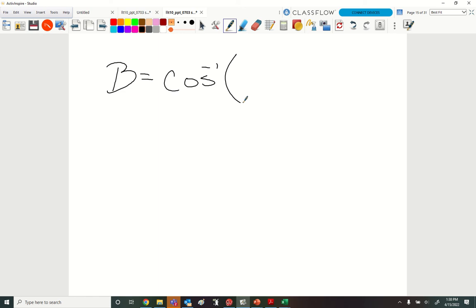It's going to be b squared minus a squared minus c squared all over negative 2ac. Very good. You notice the pattern that goes along with it. So if I'm looking for big B, how does my formula start off? With little b, doesn't it?